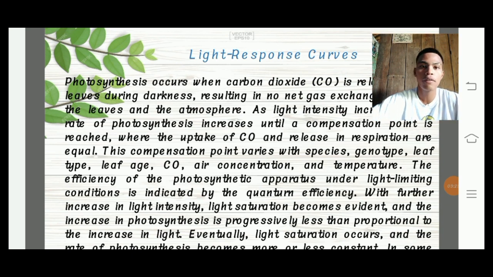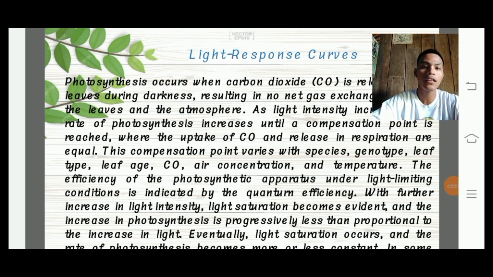The efficiency of the photosynthetic apparatus under light limiting conditions is indicated by the quantum efficiency. With further increase in light intensity, light saturation becomes evident, and the increase in photosynthesis is progressively less than proportional to the increase in light.